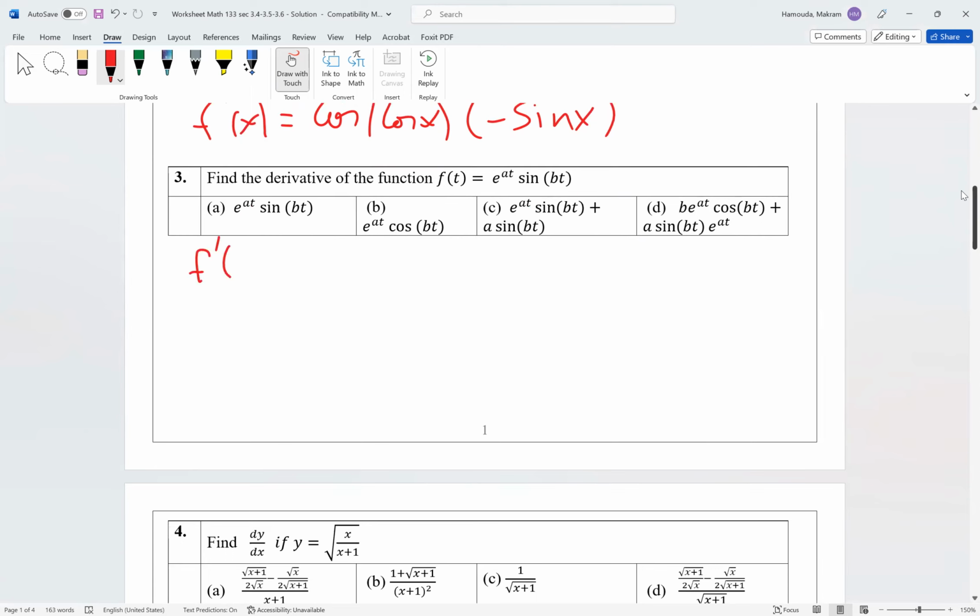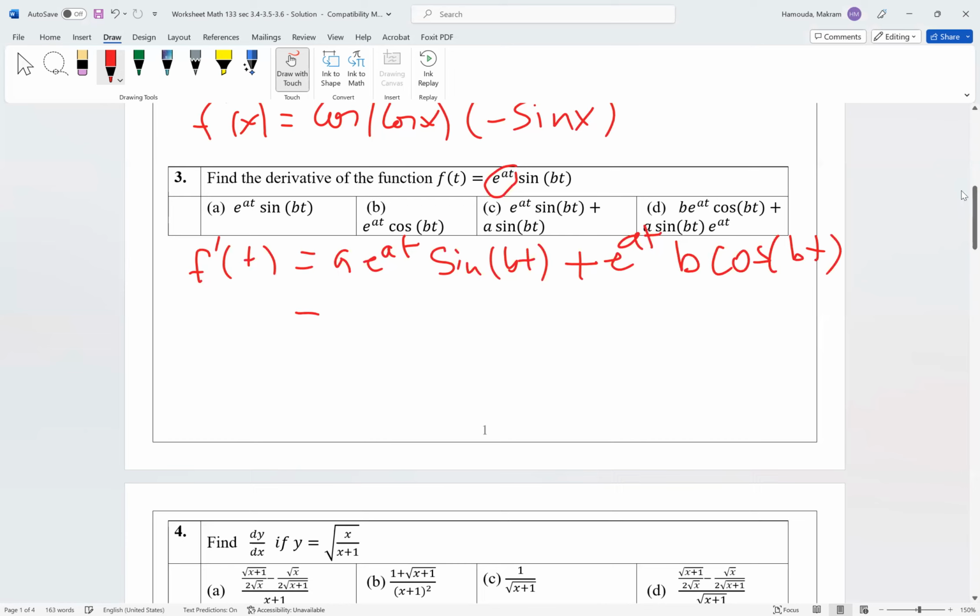So f prime of t is equal to the derivative of the first one, which is exponential at, that's the chain rule for exponential, times sine bt without derivative, plus e at without derivative times the derivative of sine bt. Apply the chain rule here for sine bt. We'll find that it is b cosine bt.